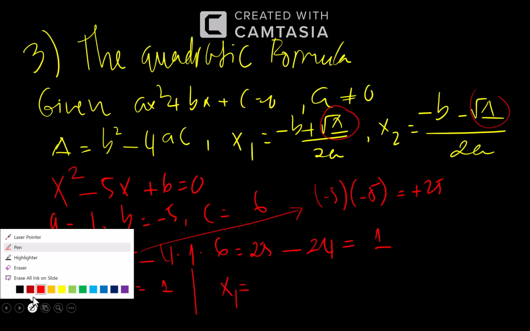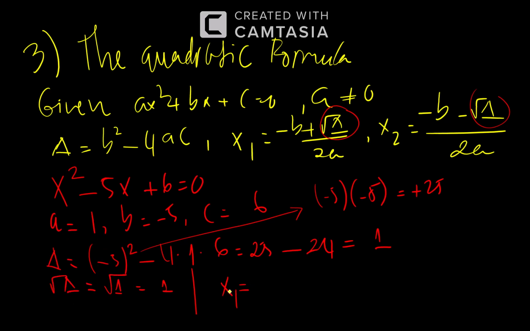So let's find our value x1. I change the color of our pen. x1 equals minus b. b is equal to negative 5, so if you put minus b here, you put positive. So we put 5 plus the square root of delta equal to 1, over 2a. What is the value of a? The value of a is equal to 1.